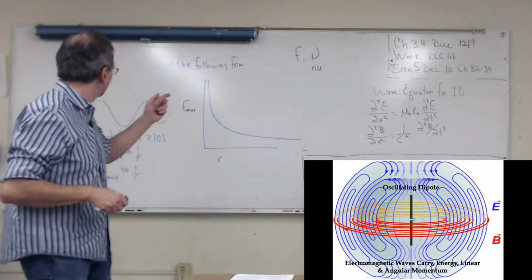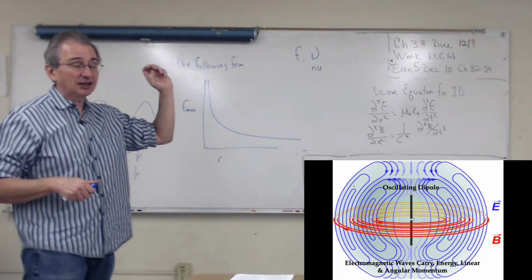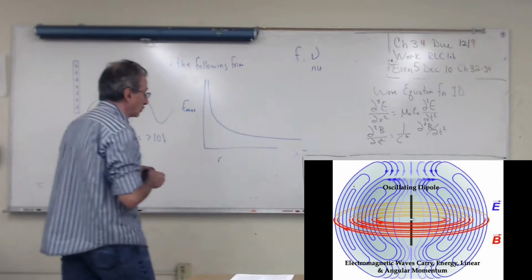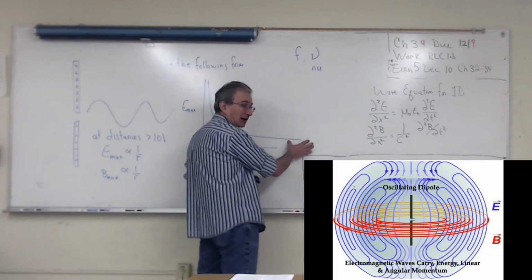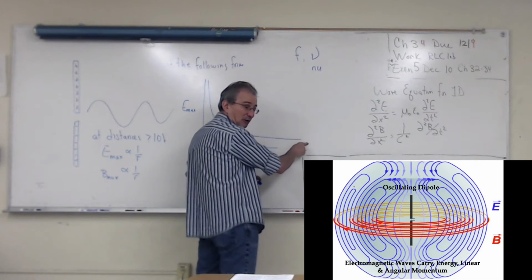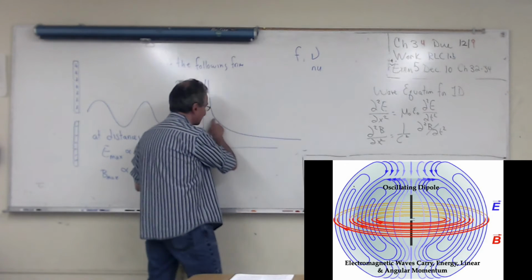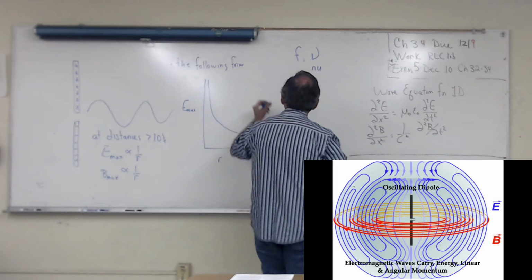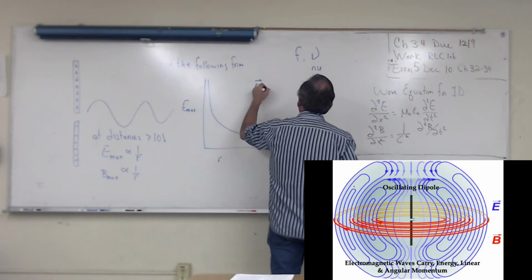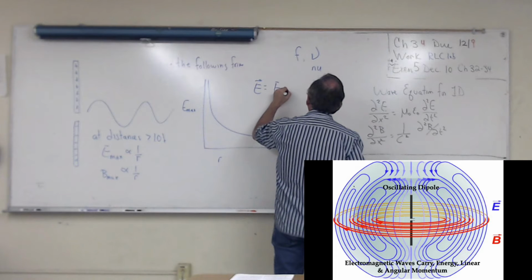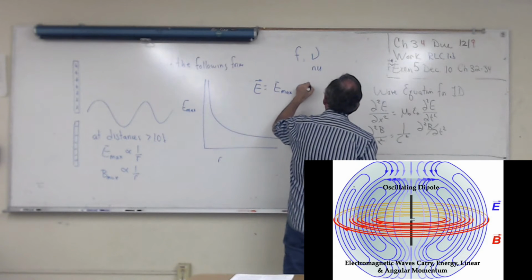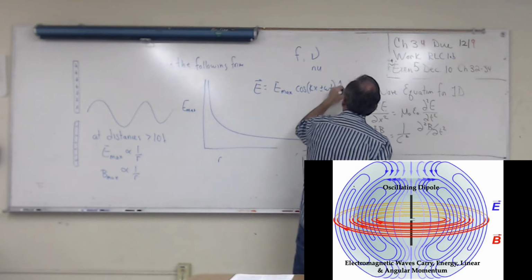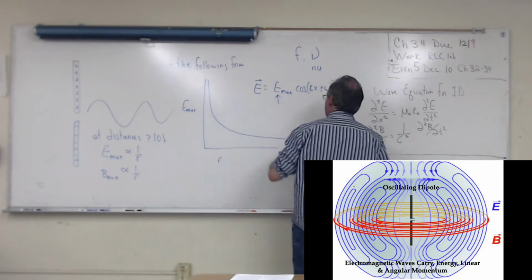So those plane wave solutions that I showed you, E cosine kx minus omega t, E is constant there. And because we're assuming we're really far away, we're making the approximation that this isn't going to change much far away from the source. Most of the change occurs real close, but when you're really far away, it doesn't change much. So we say, okay, we can still write it that way, but in reality, this decreases with r.